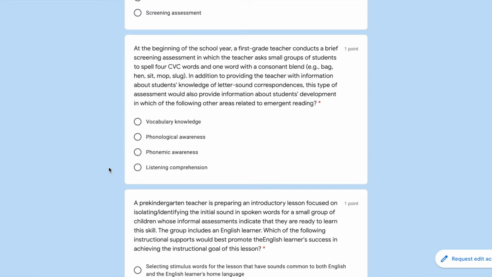In addition to providing the teacher with information about students' knowledge of letter-sound correspondences, this type of assessment would also provide information about the student's development in which of the following areas related to emergent reading? First of all, we have vocabulary knowledge, and then phonological awareness, and then phonemic awareness, and then listening comprehension.